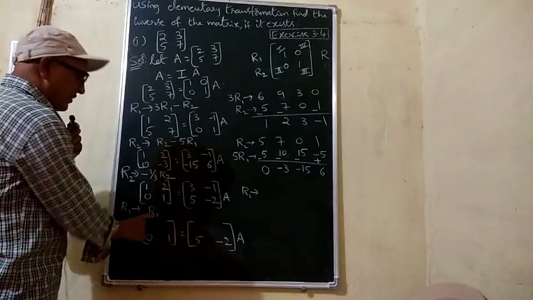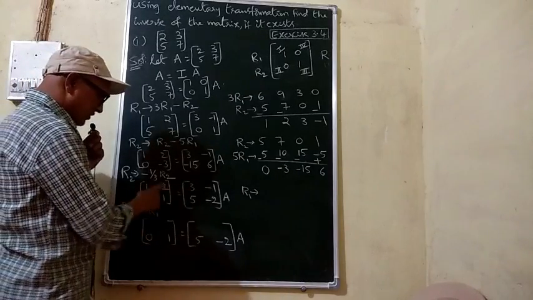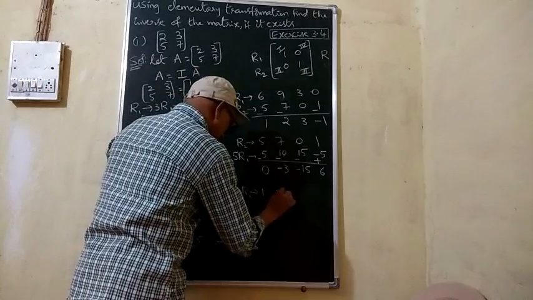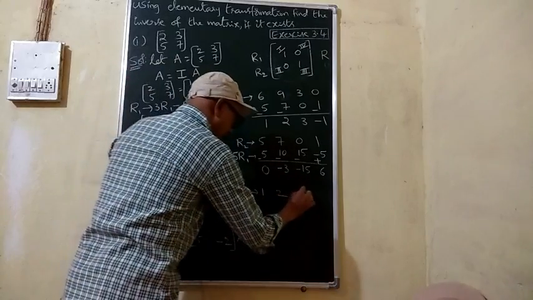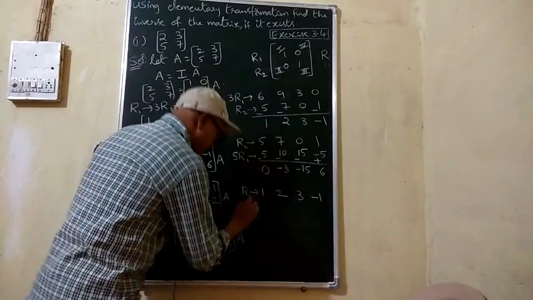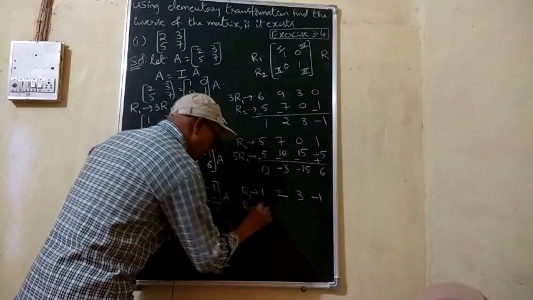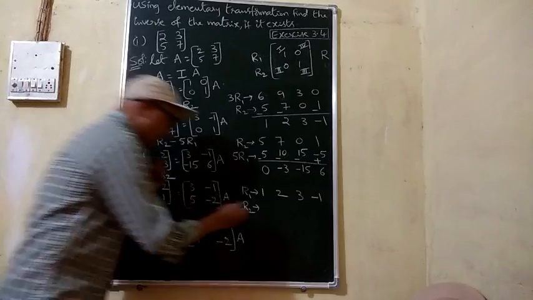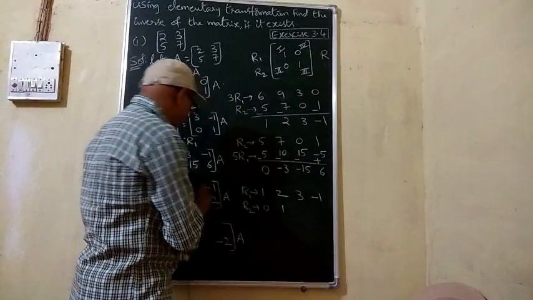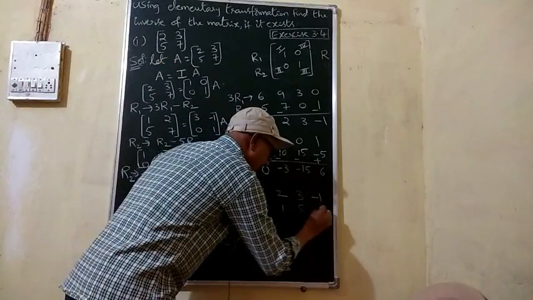What are the elements in the first row? 1, 2, 3, minus 1. What are the elements in the second row? 0, 1, 5, minus 2.